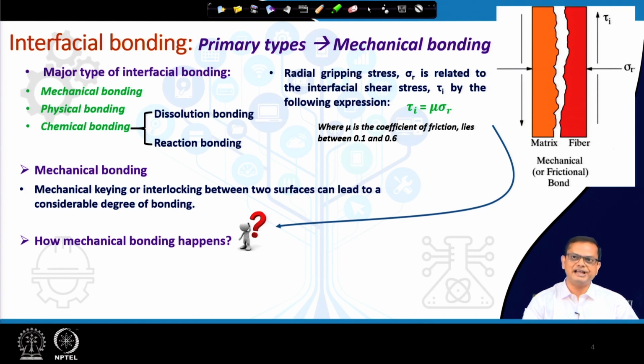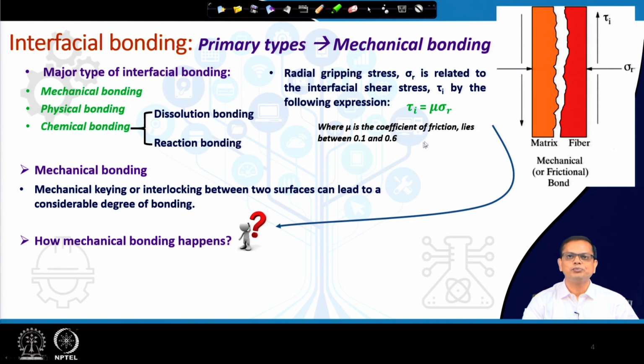And because of that, there will be an interfacial shear stress, tau I, and this tau I is given by tau I equals mu multiplied by the radial stress. Now, what is mu? Mu is the coefficient of friction.